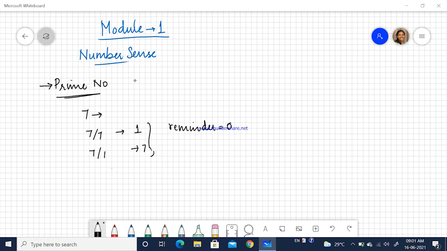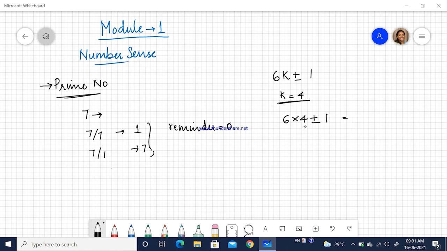So how do we find the prime numbers from a set of numbers? For example, if the expression is 6k plus or minus 1, and k is equal to 4, that is 6 into 4 plus or minus 1.